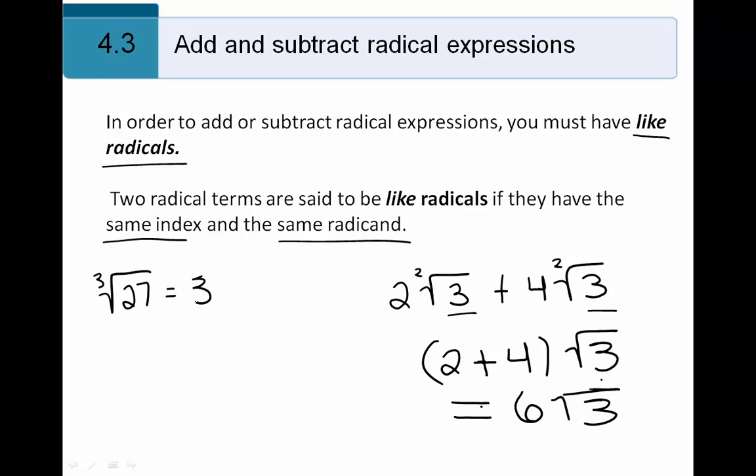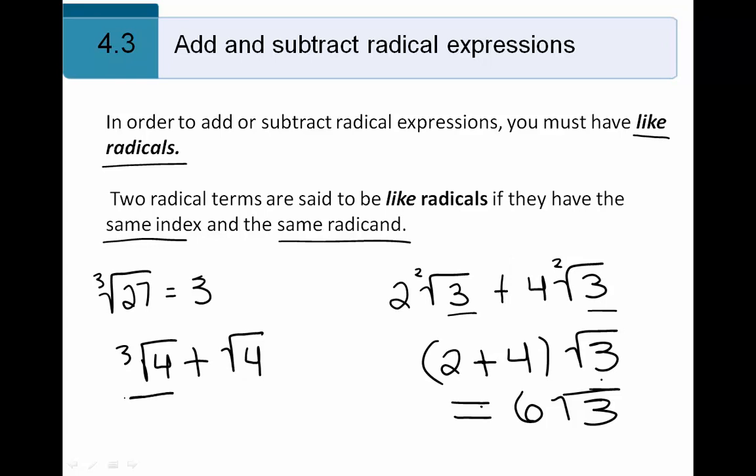Okay, so let's just say I told you to add the cubed root of 4 plus the square root of 4. Well, notice here our radicands are the same, but our index is different on each of these.